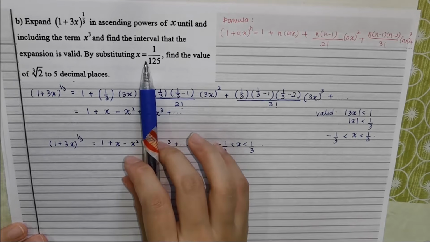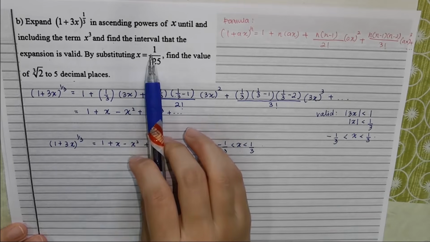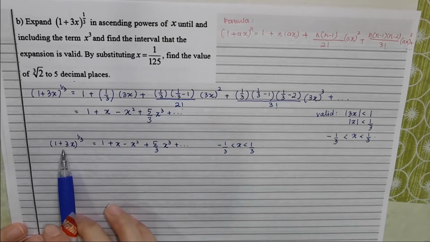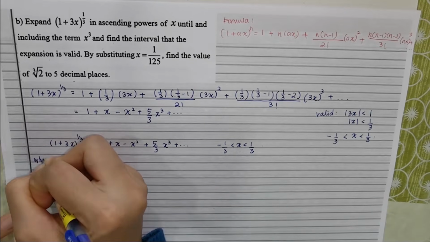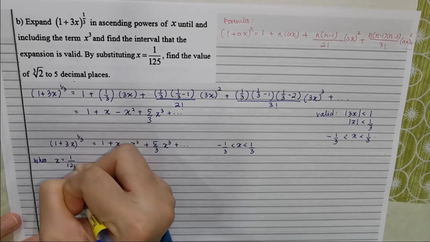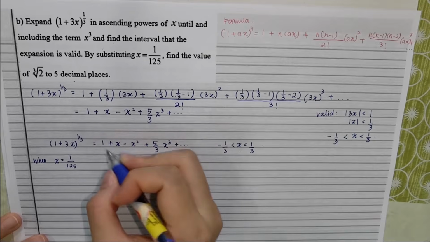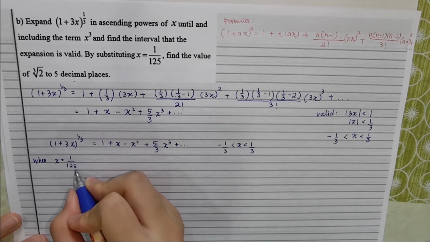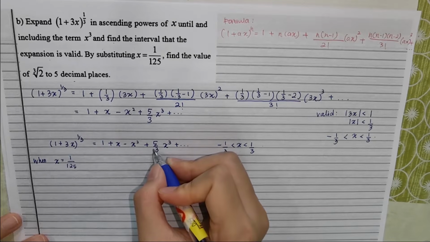Since 1/125 is smaller than 1/3, we can substitute the value directly in this expansion. So when x = 1/125, this is smaller than 1/3, so we can use this formula. We have to substitute this value in both the left hand side and the right hand side.